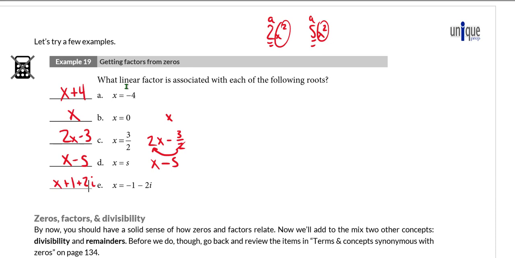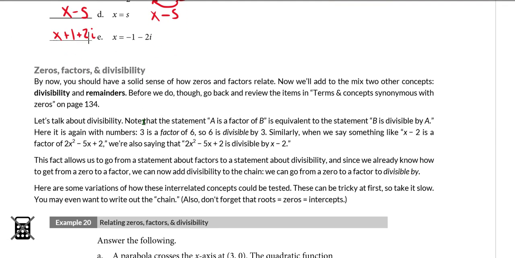In terms of zeros, factors, and divisibility, this gets a little bit more advanced, but probably the easiest way to look at how zeros, factors, and divisibility relate when it comes to a polynomial function is to go back to basics, to what you learned about factors when you were probably in 4th, 5th, 6th grade, where you learned that if we say 3 is a factor of 12, that is equivalent to saying that 12 is divisible by 3.